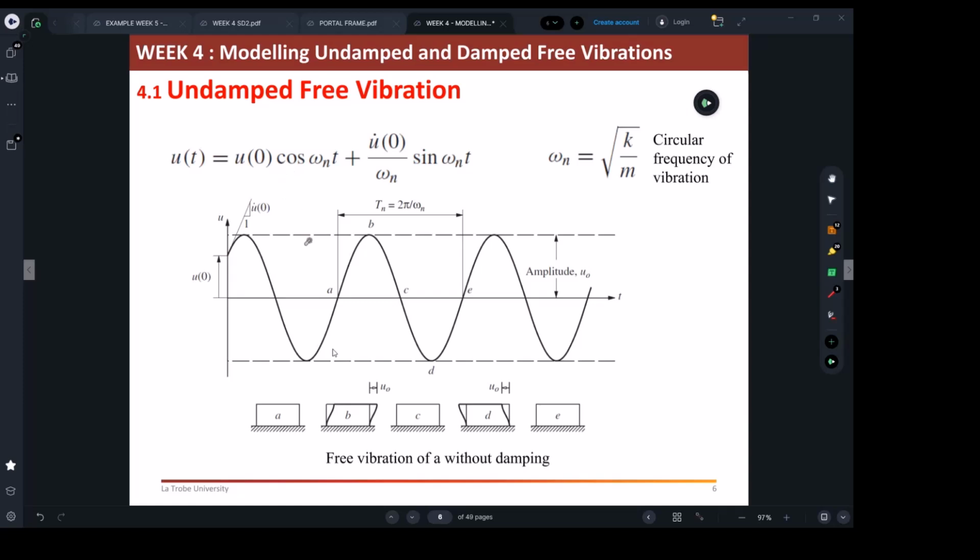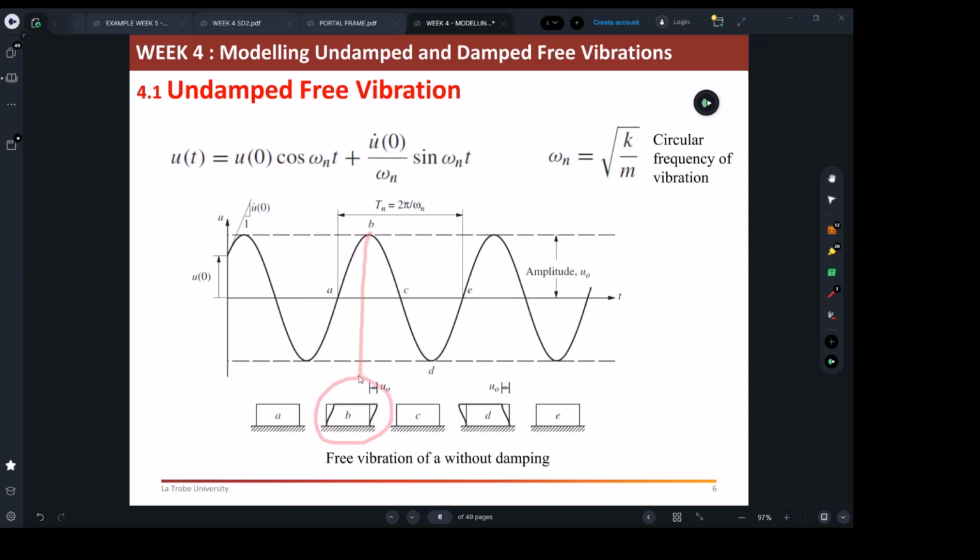It just helps us to teach you these kinds of properties. And also, if people still don't understand, this is a graph, but for a real single degree of freedom system, this is a frame. At point A, at time A, this is the situation. It is at the non-displaced position, so we are at the original location, right? Then when the system goes from A to B, that means it's going to amplitude.